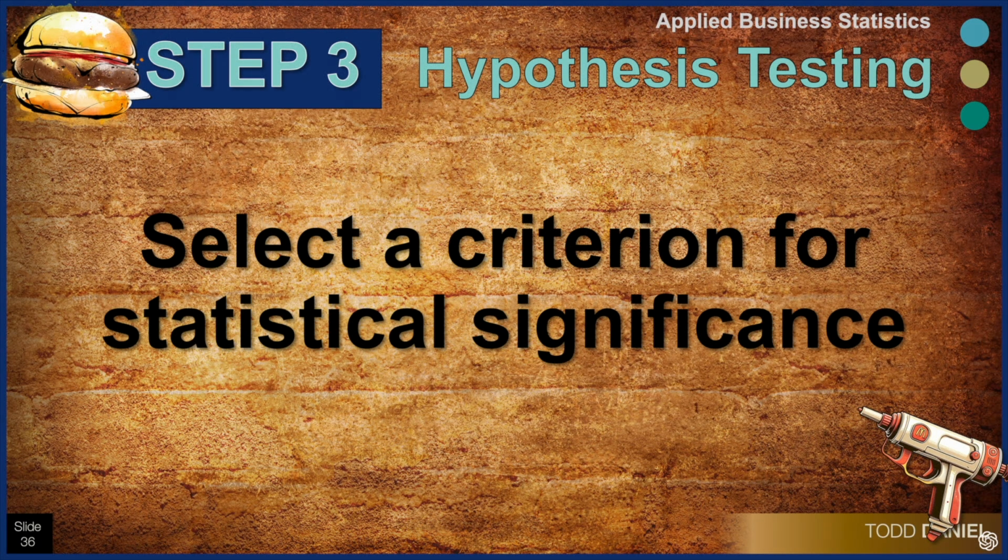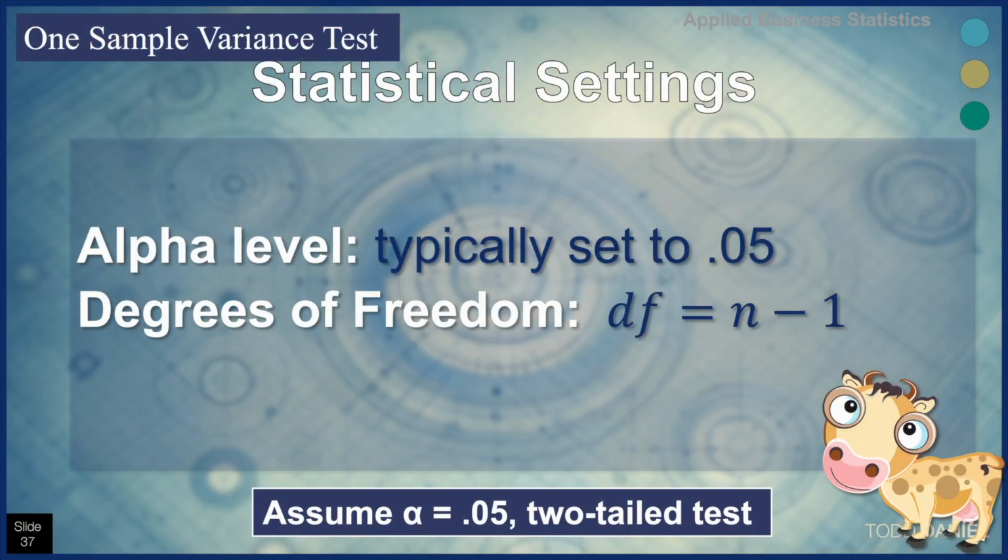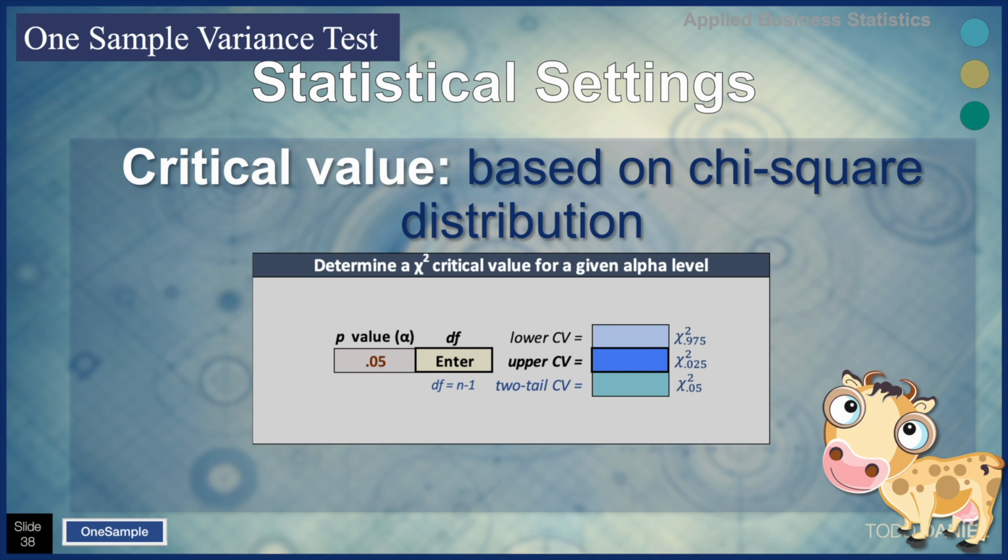Step 3, select the criterion for statistical significance. Typically, we're going to stick with alpha of 0.05, but as we've already experimented with, we could change that to 0.1 or 0.01 to get 90 or 99% confidence intervals. The critical value is going to be based on a chi-square distribution, and the number of degrees of freedom will be n minus 1, where n is the sample size.